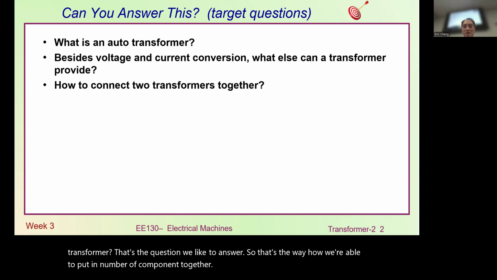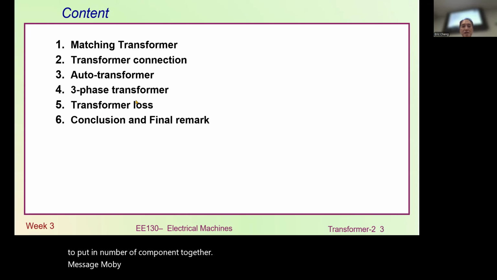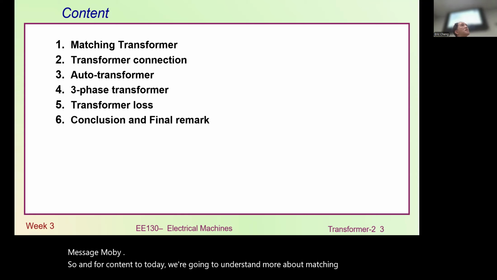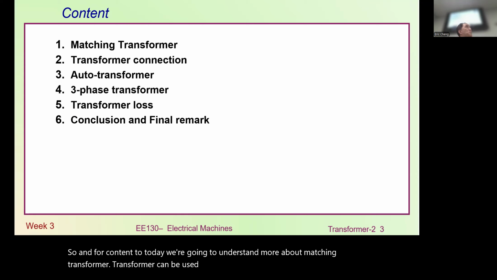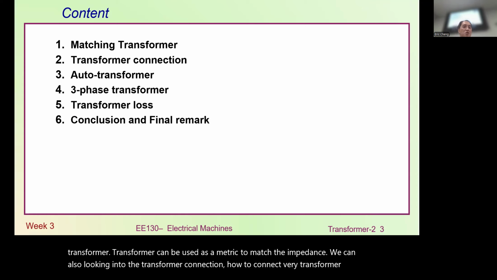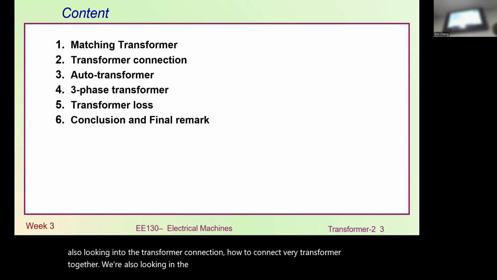Let's see what we have here. For today's content, we're going to understand more about matching transformers. A transformer can be used to match impedance. We can also look into transformer connections, how to connect various transformers together. We're also looking into the auto transformer, a kind of commercial transformer.